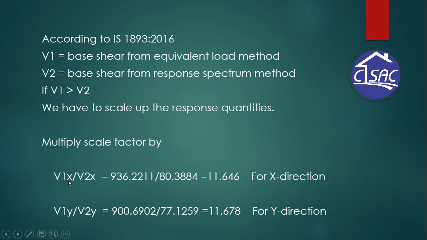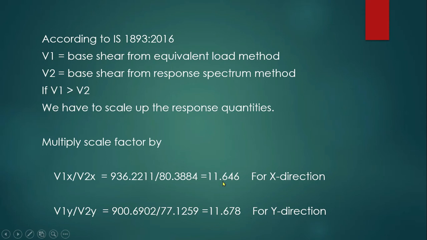V1 is the base shear from equivalent static load method divided by base shear from the response spectrum analysis method in x direction. Okay, and we have got 936.221 and 80.3884 from the response spectrum analysis, and the ratio is equal to 11.646 for x direction, and the value is equal to 11.68678 for y direction.